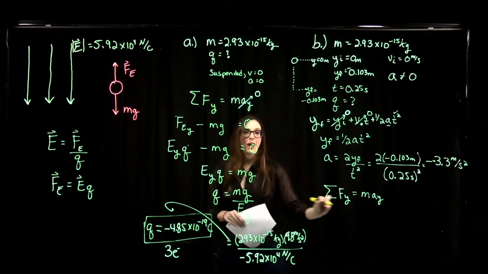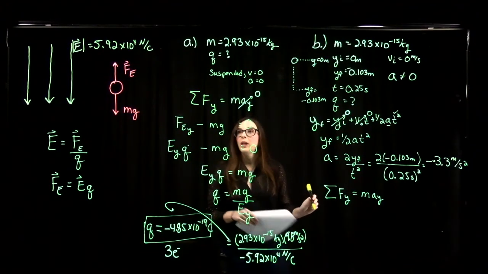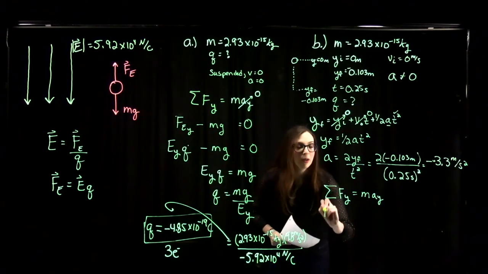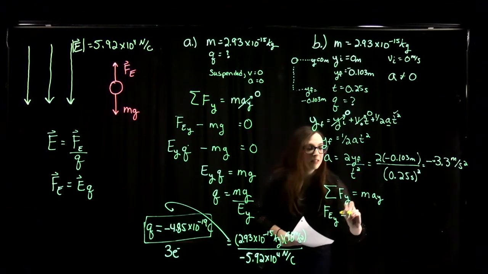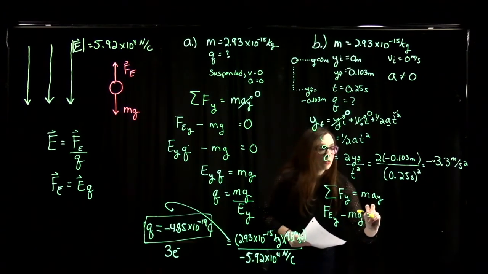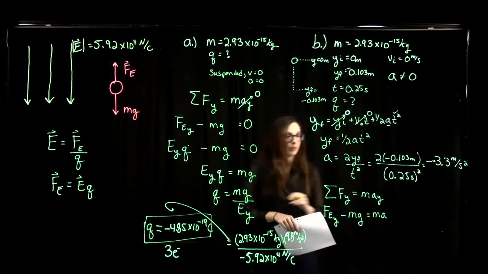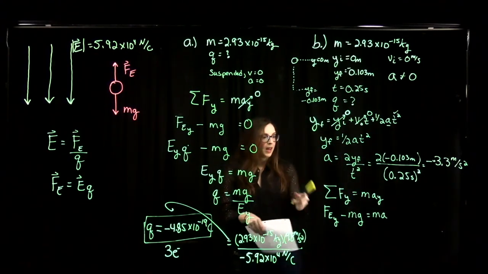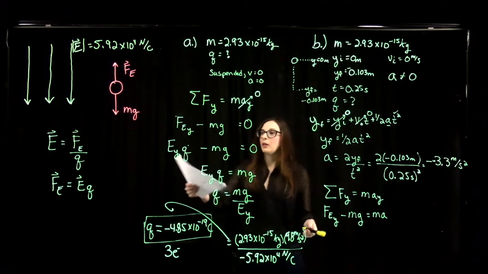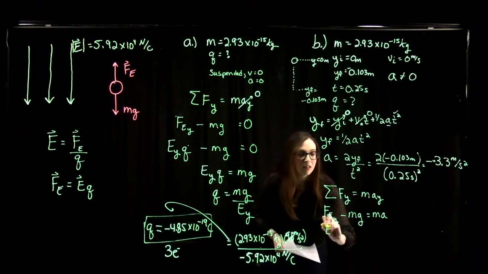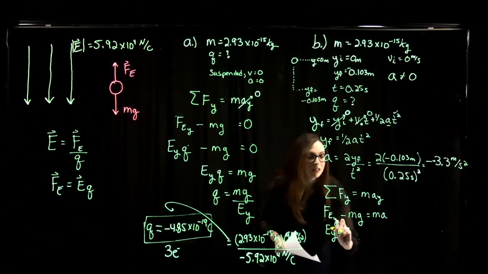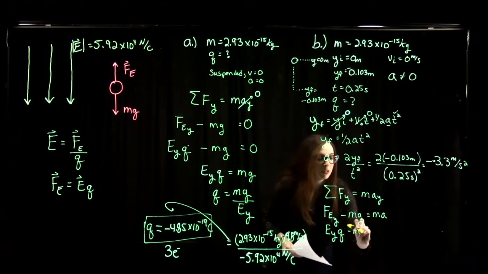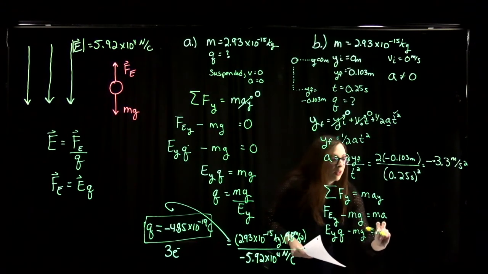On the left side of this equation, we still have our electric force in the y direction minus mg is equal to m times acceleration. And our electric force, we saw we could rewrite as the y component of the electric field times q, minus mg, and that equals ma.